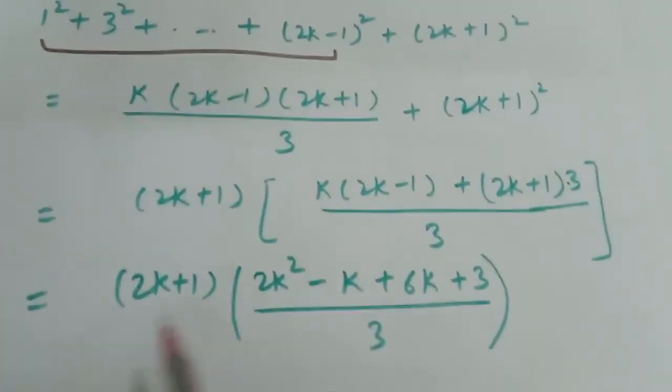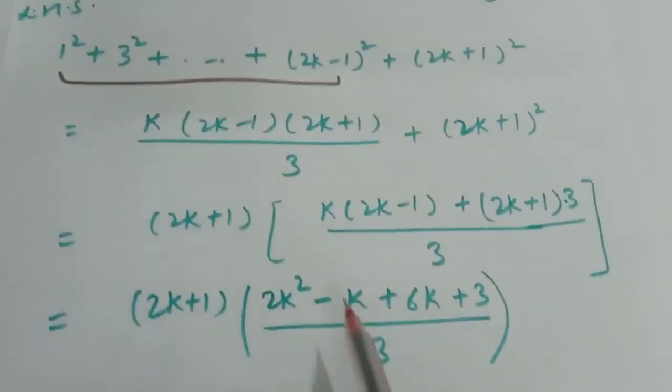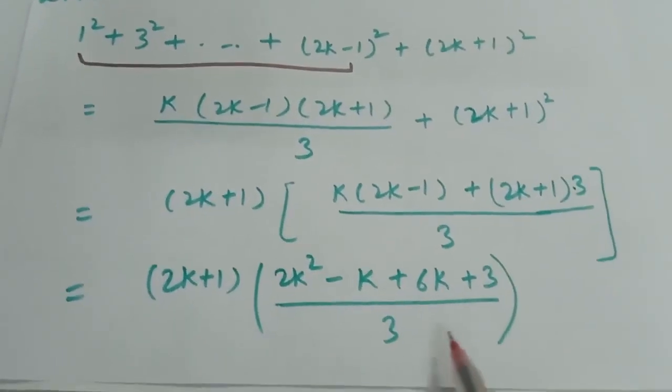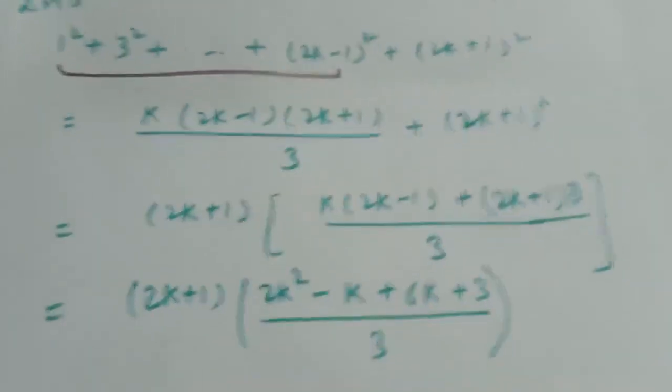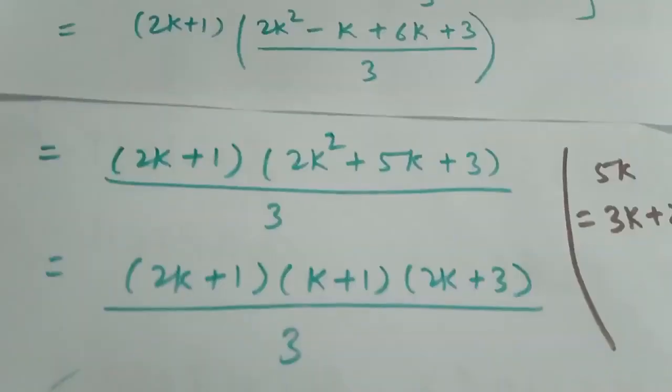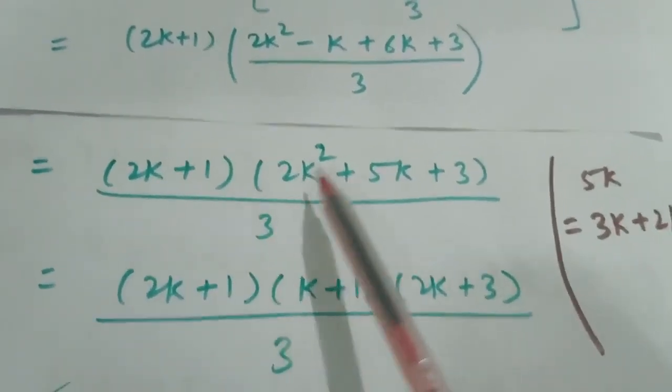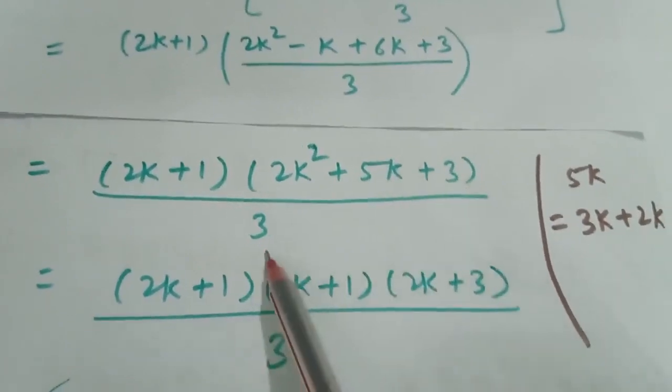Now solving it, you will get 2k plus 1, 2k square minus k plus 6k plus 3 upon 3. Right? Now solve it. It will be 2k plus 1, 2k square plus 5k plus 3 upon 3.